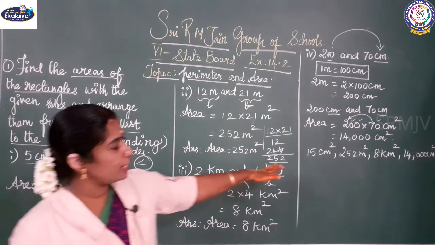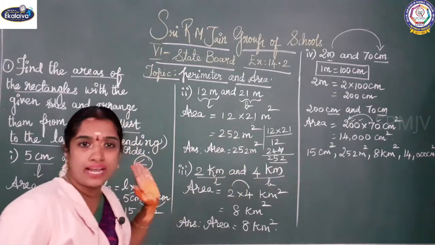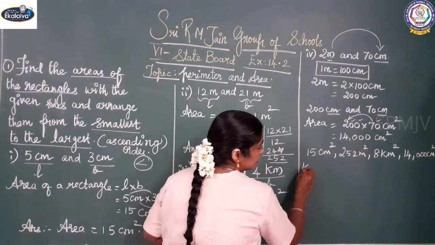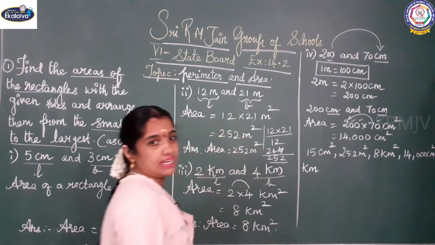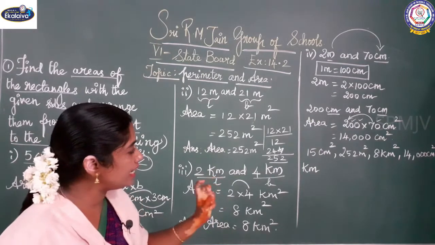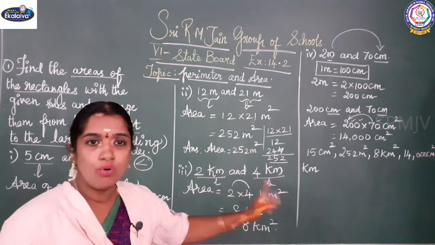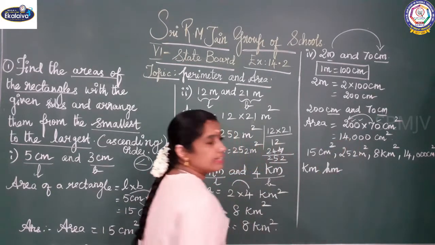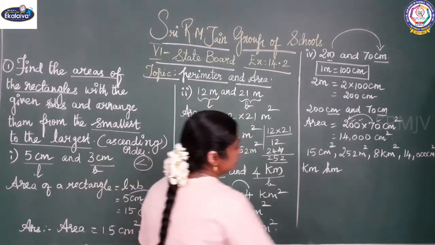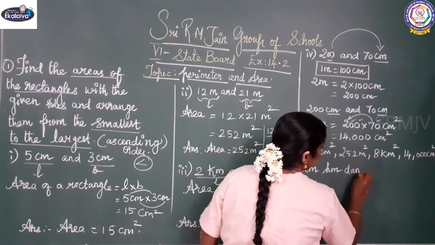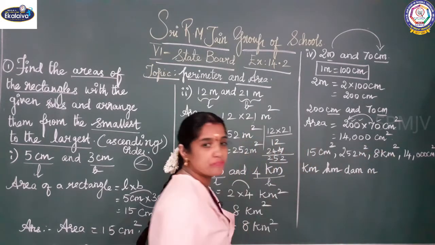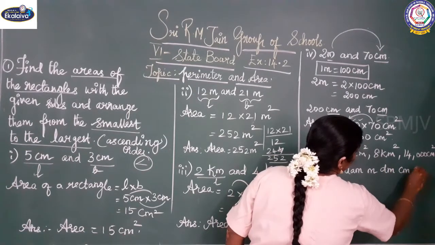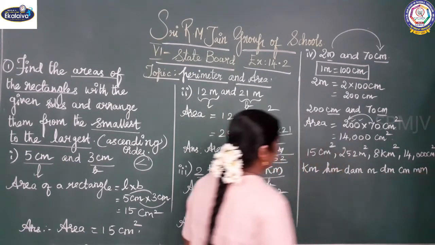So before going to this, I am going to write the unit for the length. Listen, kilometer. The unit of the length should start in the kilometer, and hectometer. Got it? Next, decameter, meter, decimeter, centimeter, millimeter.